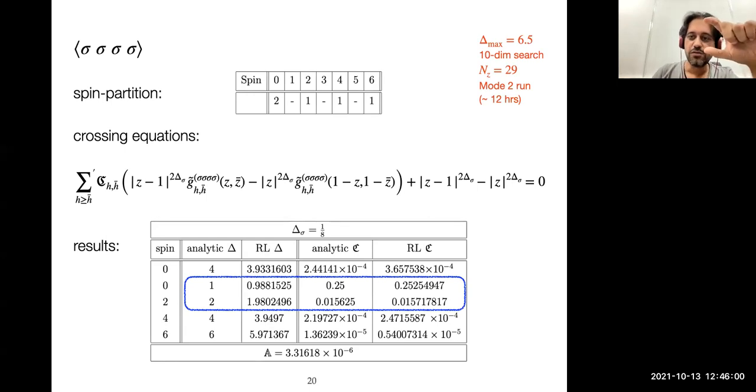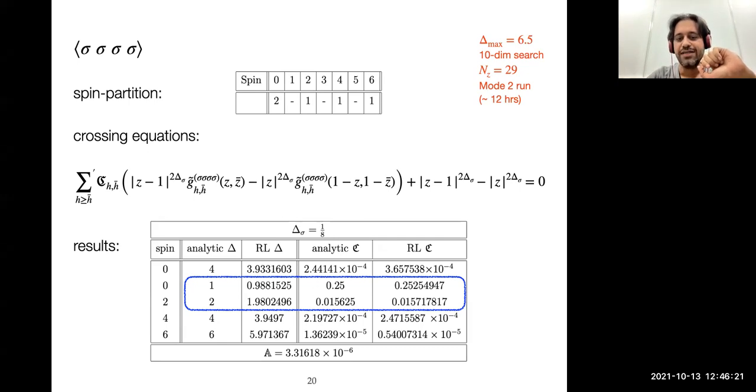The way we've written the code right now, you're given 2 dials: the floor of, say, the scaling dimension or any such datum, the minimum value, and some maximum if you want, or the size of the window. So it starts probing inside there, and this can start moving around.